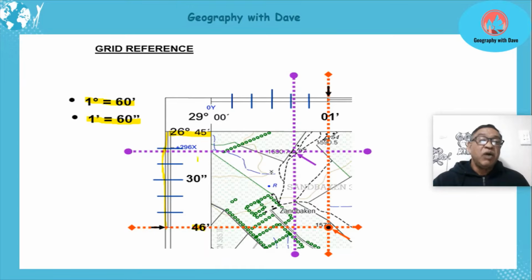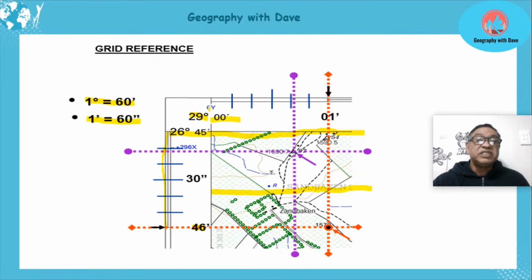Right. Now, this is the line of latitude, the horizontal lines found on the map, cutting across from west to east. That's how our lines run across. Now when we look at this side, we see another figure here, 29 degrees, and this is 00 minutes.